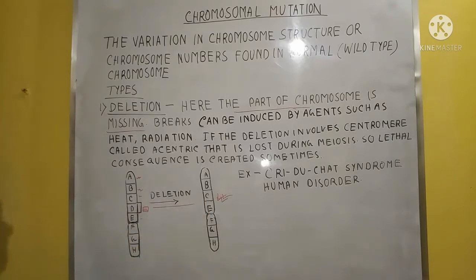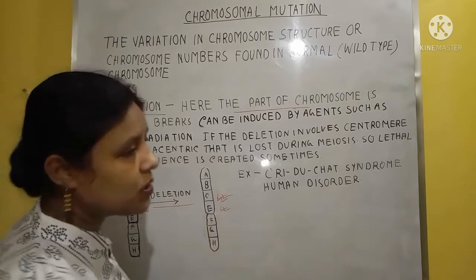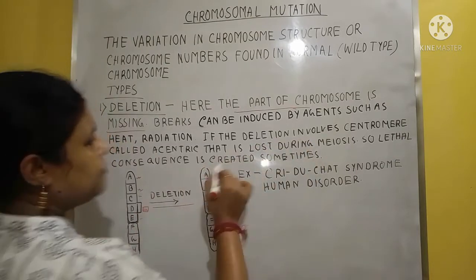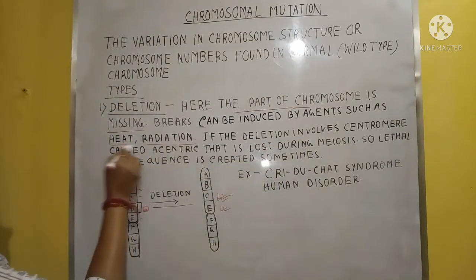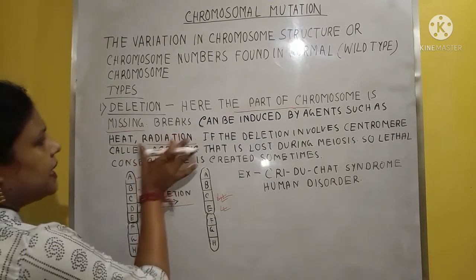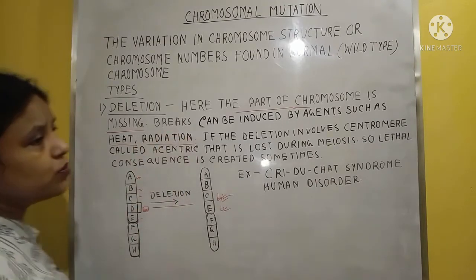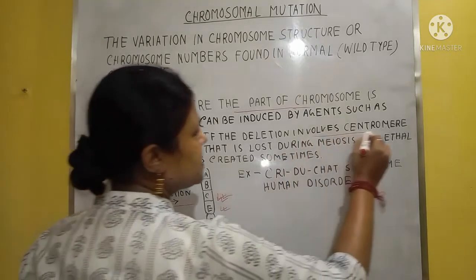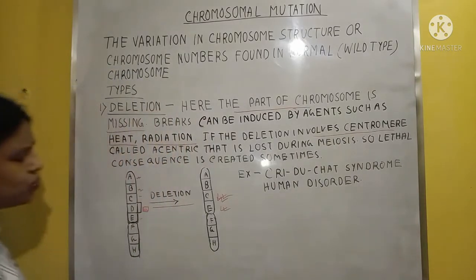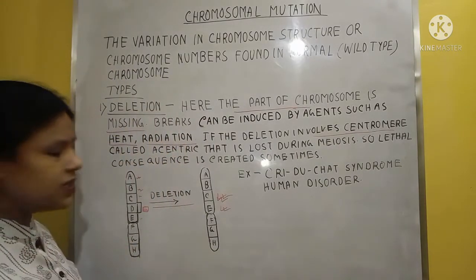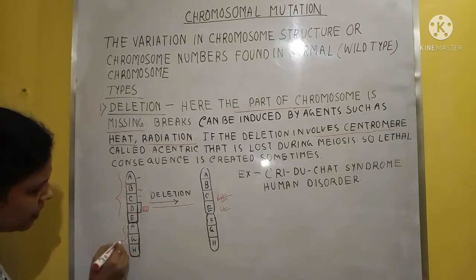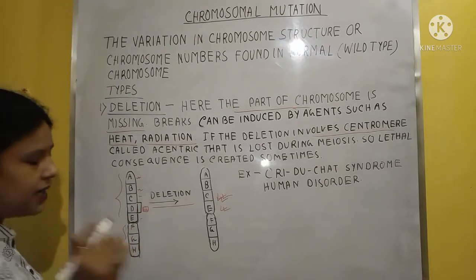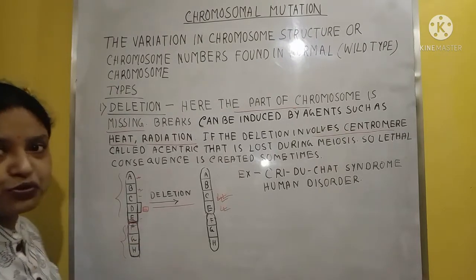This is possible when the part of the chromosome is deleted by some agents, that is radiation, heat, etc. These are the agents by which any part of the chromosome may be deleted. And if the deletion involves the centromere, you know that the centromere is where the two sister chromatids join through a constriction.